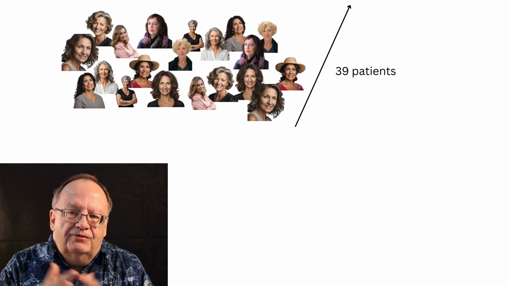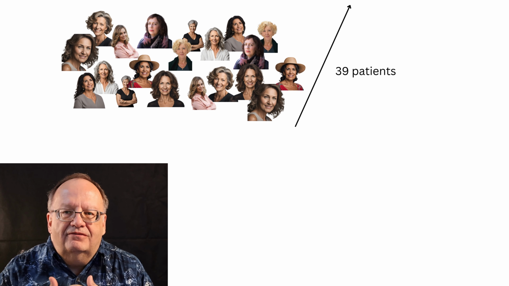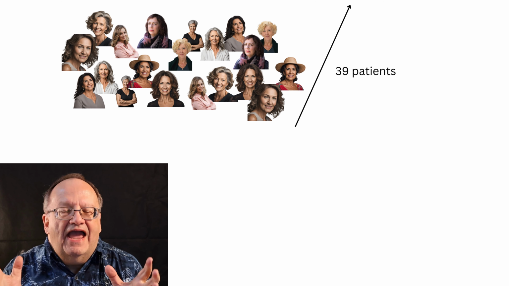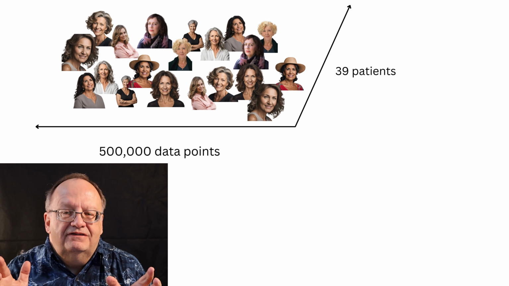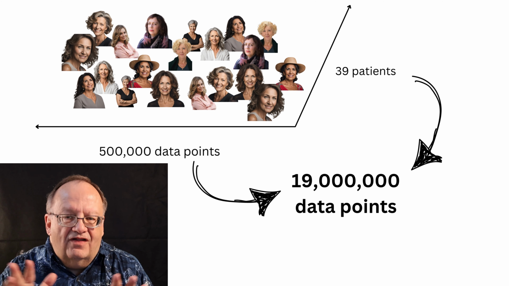We're not going to catch this by taking the bigs. Okay, let me give you an example drawn from real life. One of my colleagues had a grad student who was interested in the biomarkers for various stages of breast cancer. So she got 39 patients, drew the blood, extracted the serum, and ran it through the mass spectrometer. Now, 39 patients and roughly 500,000 data points per patient comes out to 19 million data points for all the data.